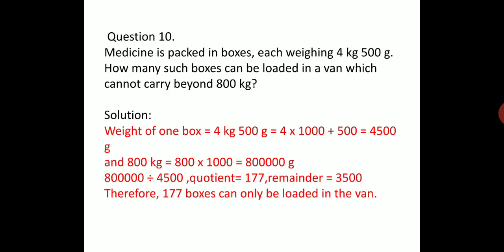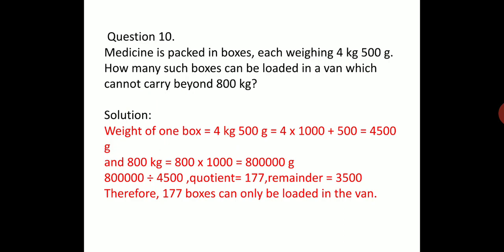Question number 10. A medicine is packed in boxes. Each weighs how much? Now what is the weight of one box? You can see it is 4 kg 500 gram. How many such boxes can be loaded in a van which cannot carry beyond 800 kg? Again the same formula: we will convert all the given information into a single unit.